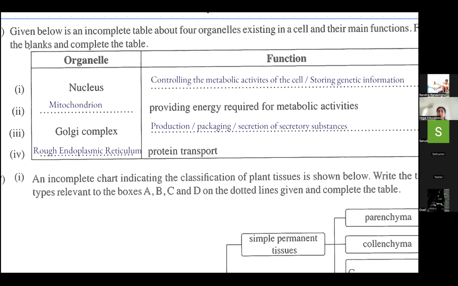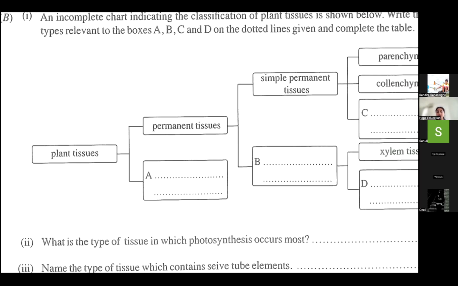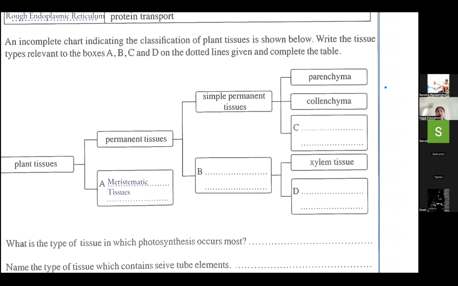Okay, plant tissues, Gautama, we have permanent tissues, and what is the other type of tissues we have? Mainly divided into two, meristem. Then permanent tissues can be divided into two as simple permanent and others? Complex permanent.